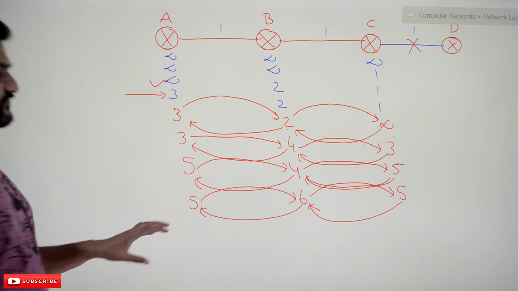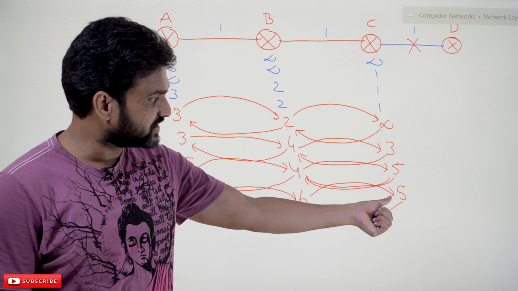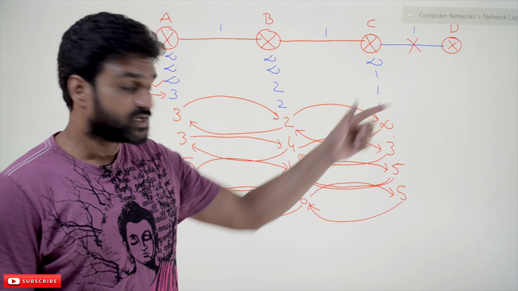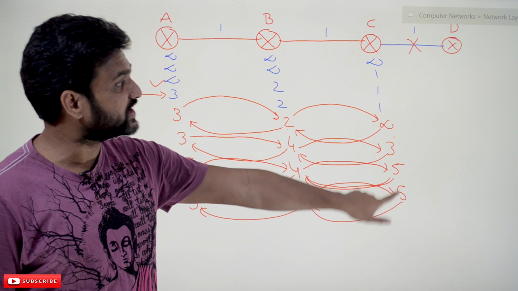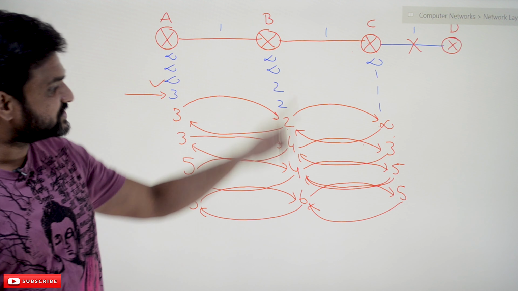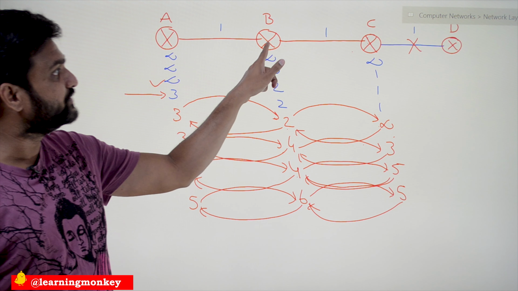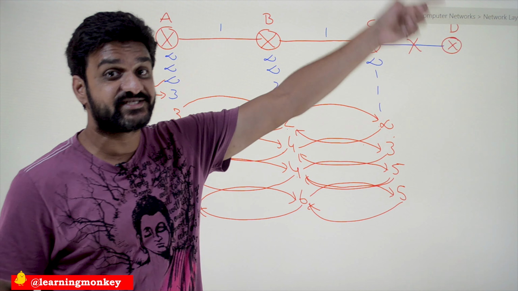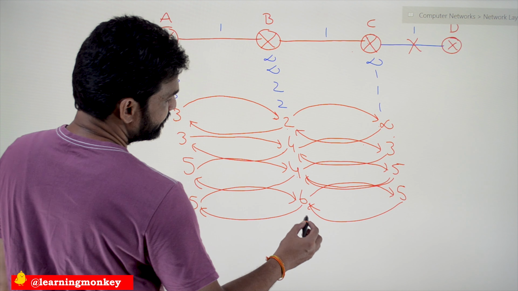Okay, so now what happens? 6 has been transmitted to C. 6 plus 1. For C to transmit the data to D, it has to transmit it to B, and B will be responsible for sending it to D at a distance of 6. 6 plus 1, it is 7.